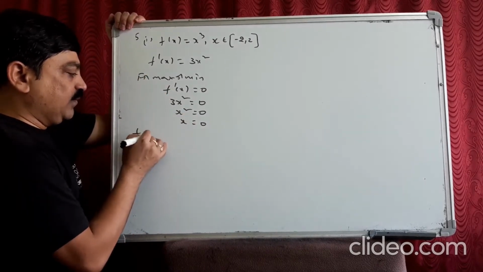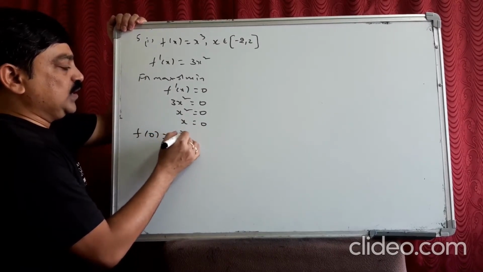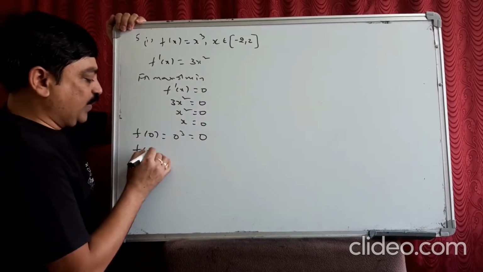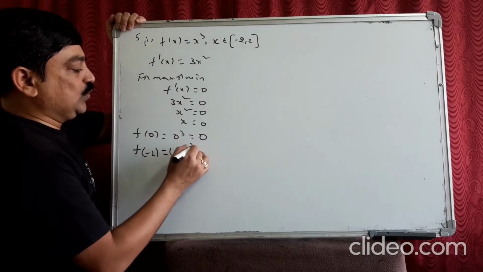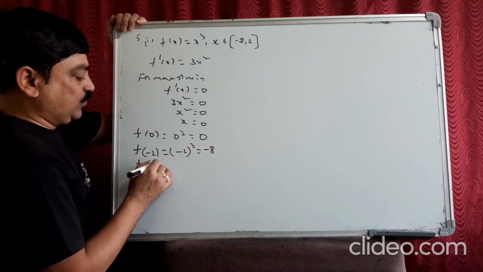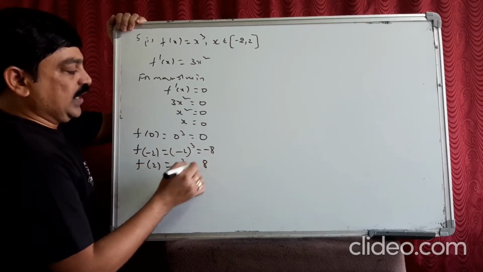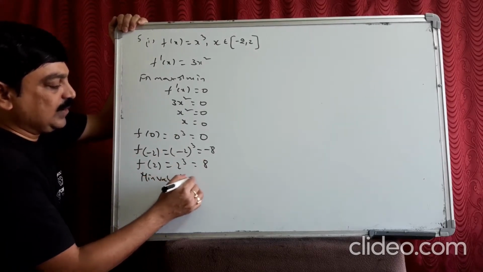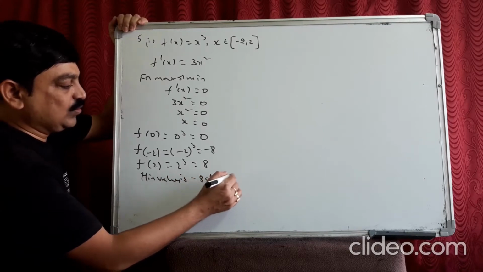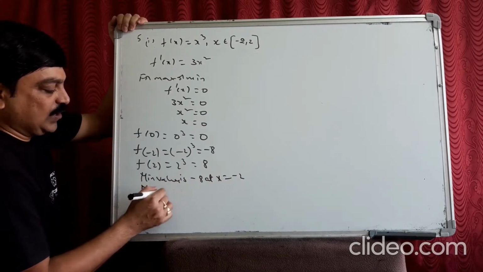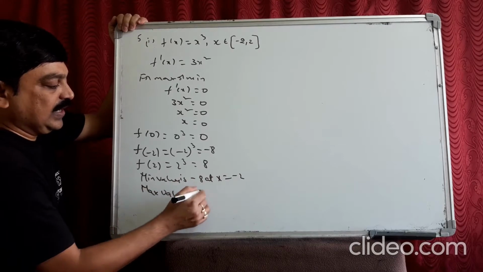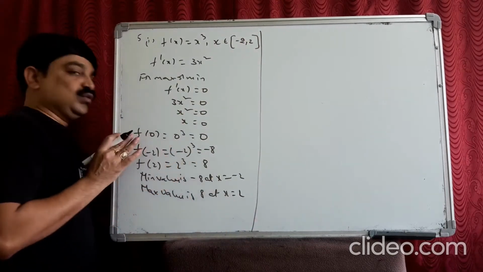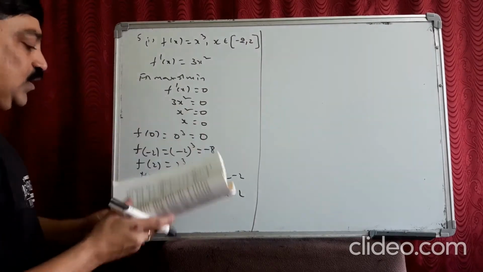We substitute in the main function, f of 0, 0 cube, 0, and we take these two end values also, f of minus 2, whole cube, minus 8, f of 2 cube, 8. So which is minimum here? So minimum value is minus 8 at x equal to minus 2. Maximum value is 8 at x equal to 2. See, this is the process to find absolute maximum or absolute minimum.